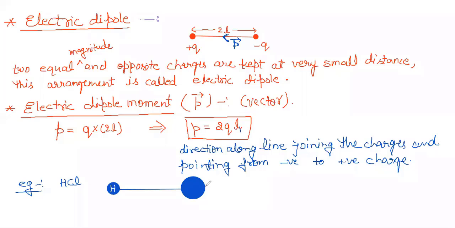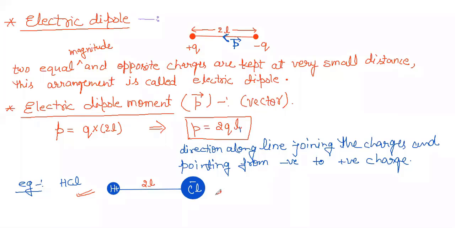This is hydrogen and this is chlorine. Hydrogen is positive charge and chlorine is negative charge. They are placed at some distance apart, suppose 2L distance. So they will form the electric dipole.